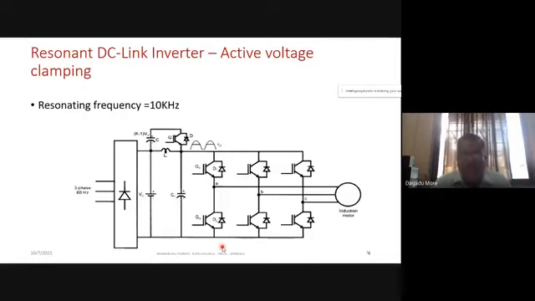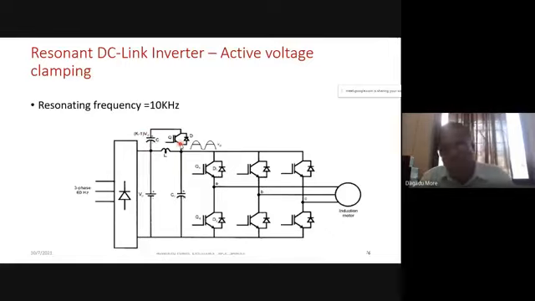That means we have to use devices of higher voltage rating, and the cost of the device will increase. The main reason for active voltage clamping is to reduce the voltage rating of the device.